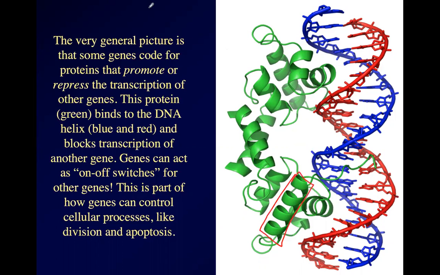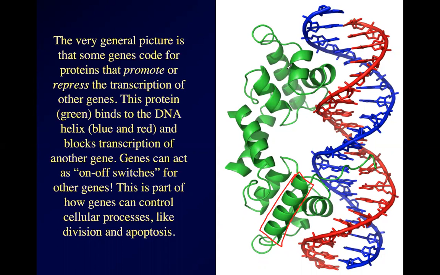I just outlined one. What you're looking at is a computer model of a regulatory protein. I don't happen to remember which one it is, but it's a protein that binds to DNA and blocks transcription. So that's the cool thing.